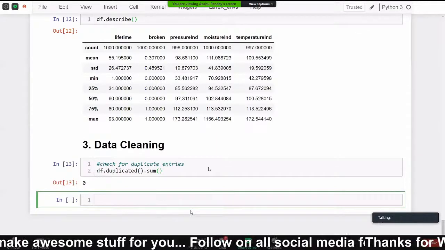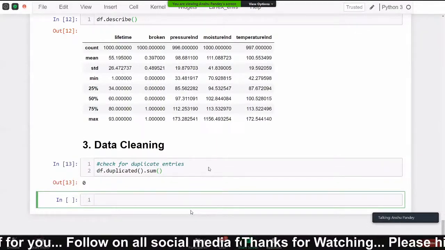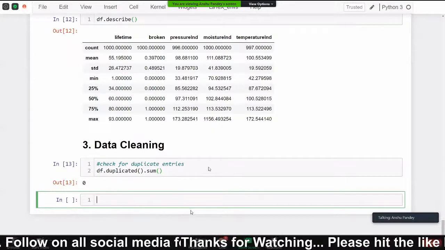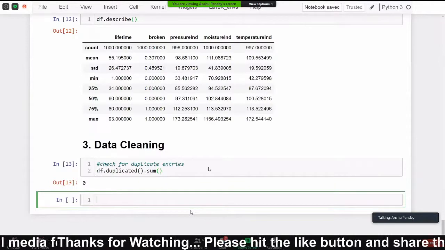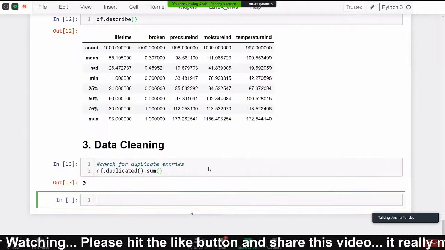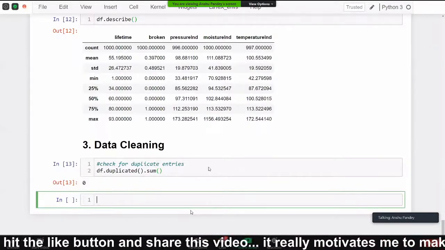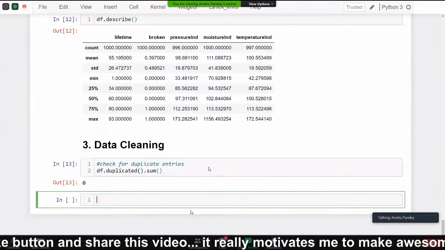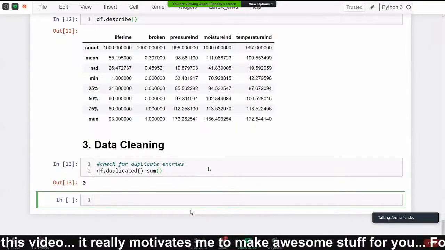We don't have that. There is no machine or set of machines having almost all the same values. We don't have any duplicated rows or entries here, so our data is good. We don't have to deal with duplicate entries here, otherwise we would want to drop them.